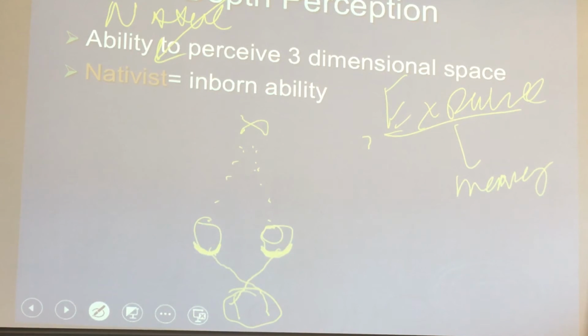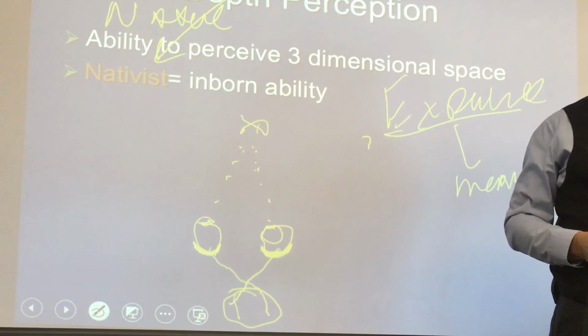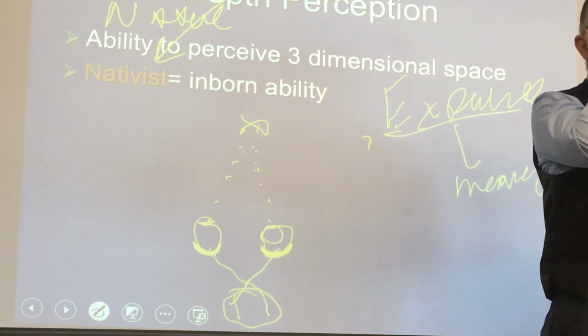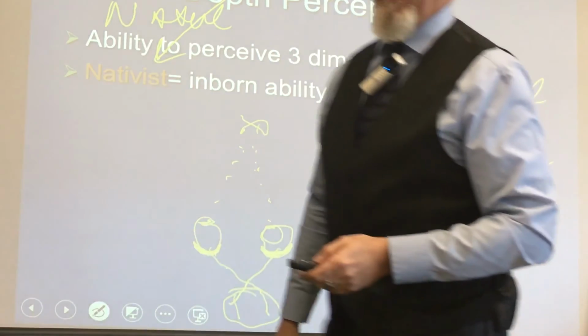So if you'll look here, it's the same image, but it's projected slightly differently because your face has 2 eyes. You ever go like this and you see the world one way, you go like this and it's slightly different? That's called retinal disparity.